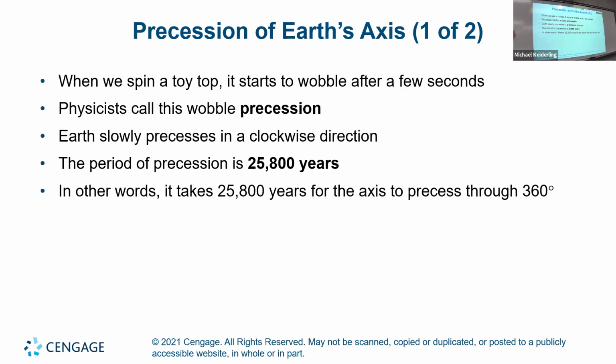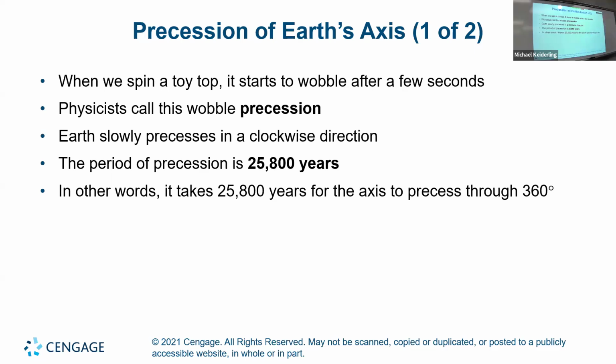So, if you've ever spun a top, you've seen that it wobbles. This process of wobbling is called precession. It has to do with combining of torques. The same thing happens to the Earth as it rotates. It slowly precesses in a clockwise direction over a very long period of time.